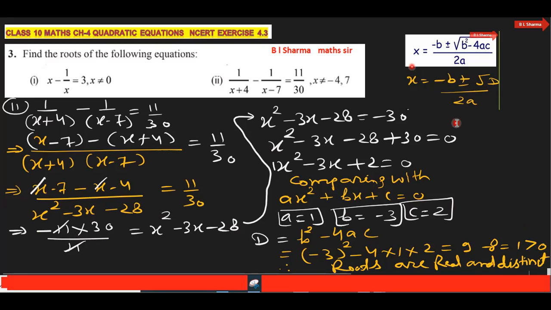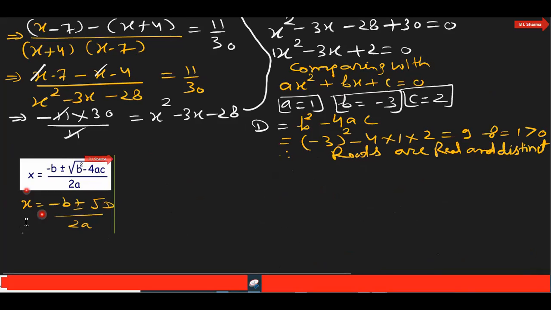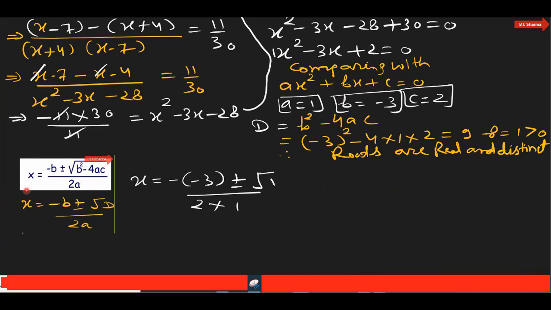Now using the quadratic formula, x is equal to minus b plus minus square root of b squared minus 4ac upon 2a. So we can write here x is equal to minus, that is minus 3 plus minus square root of 1, that is 2 into 1.